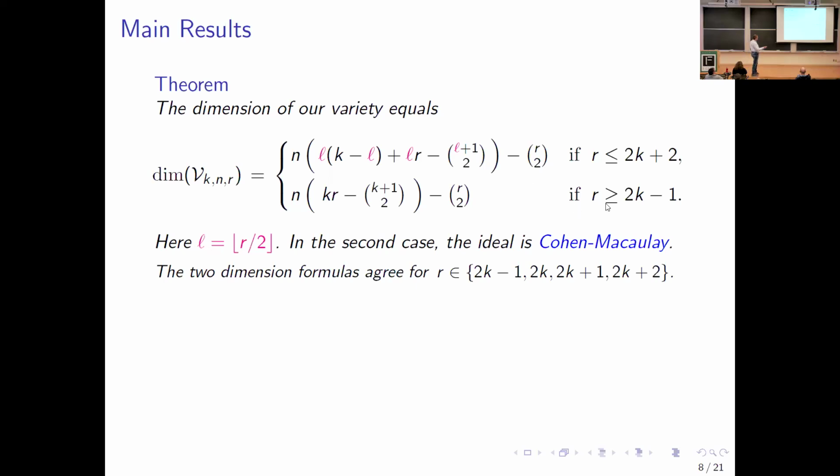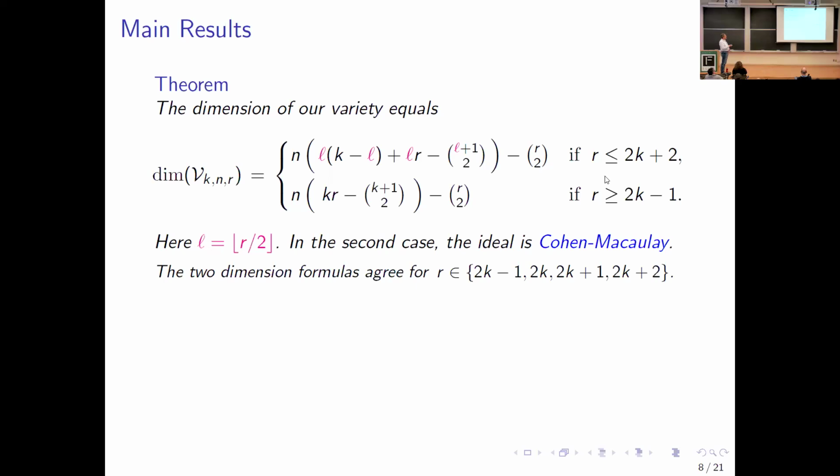Well, then for the dimension, there's the low rank regime and the high rank regime. In the high rank regime, which I here take to be R greater or equal to K minus 1, it's this number. But then it's a bit more complicated in the low rank regime, it's this number. So the dimension formula only depends on R, K, and N. In the second case, it's Cohen-Macaulay, but what's an interesting thing is that these regimes have an overlap.